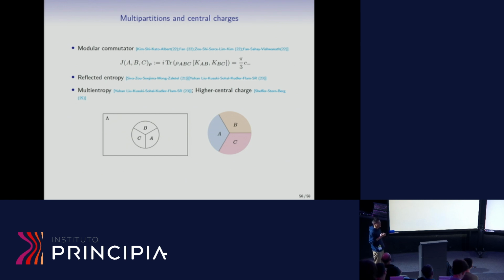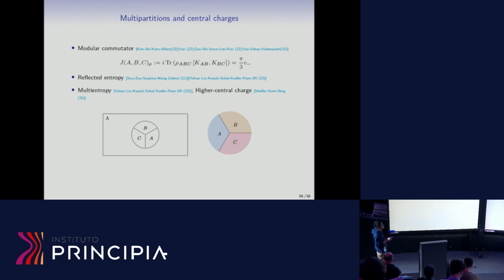I think it's not directly related, but it's sort of similar. It extracts slightly different data because it's a chiral central charge, and this partitioning is also slightly different. And the reflected entropy, I think I already mentioned. Multi-entropy I also mentioned.